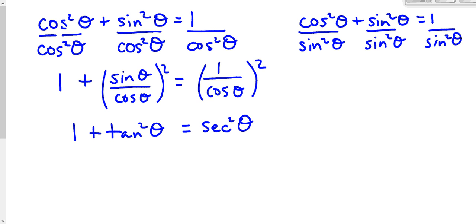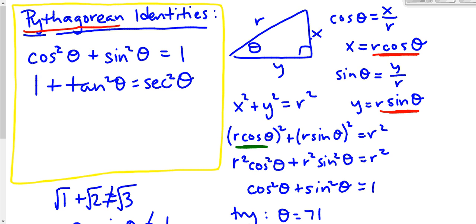Well, what is cosine divided by sine? That's cotangent. So this would be cotangent squared theta. And what's sine squared theta divided by sine squared theta? 1. And what's 1 divided by sine squared theta? Well, 1 divided by sine is cosecant, so this would be cosecant squared theta. And that is the next, third, last Pythagorean identity.